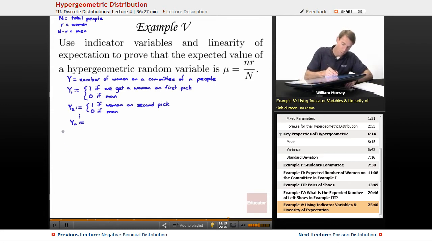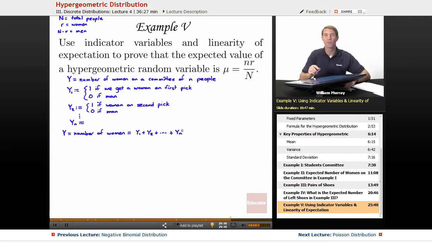Now, what that means is Y is the total number of women on the committee. It's the number of women we got on the first pick, which is either 1 or 0, plus the number of women we got on the second pick, up to Yn.